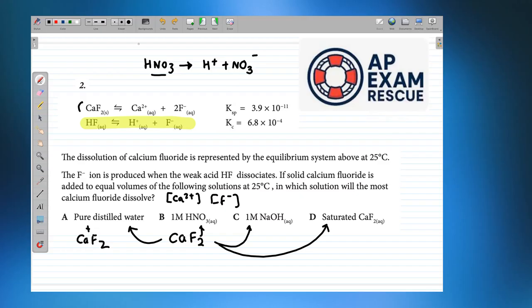So this one is a strong acid. It gives very high concentrations of H plus. So what happens when you have a high concentration of H plus? It will react. It will react with what?